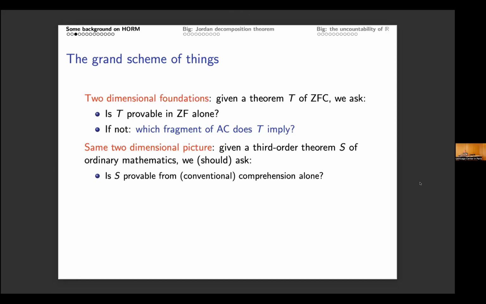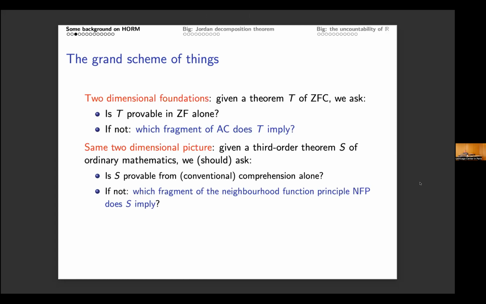That's what second order arithmetic is based on. There's also a higher order counterpart, which historically came first, which I will also explain. Now, this is the first question. The second dimension is the following. First of all, can we prove it based on comprehension alone? And if not, which fragment of the neighborhood function principle, NFP, does S imply?